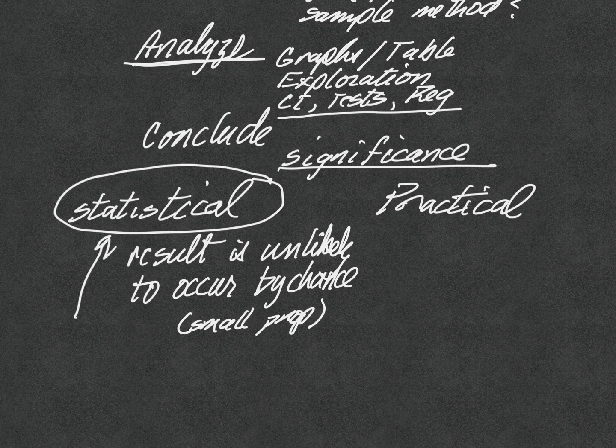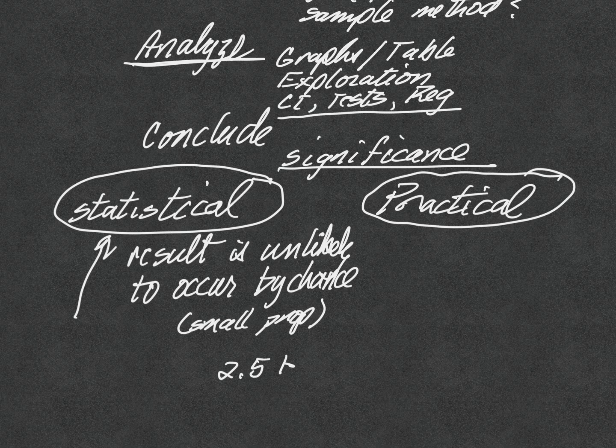And then also, sometimes things are statistically significant, but they're not practically significant. There's a great example in your book about this, that it was a weight loss drug, and they showed that it was statistically significant that people in a whole year would lose like 2.5 pounds of weight on this weight loss drug.